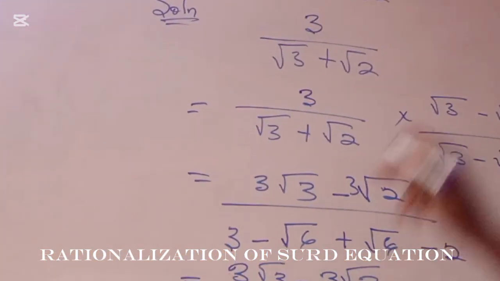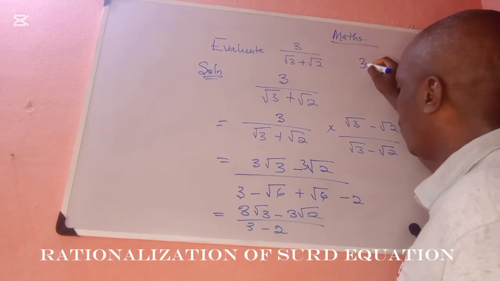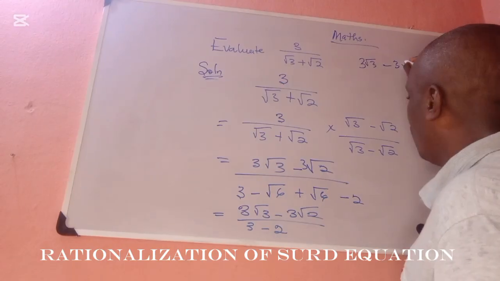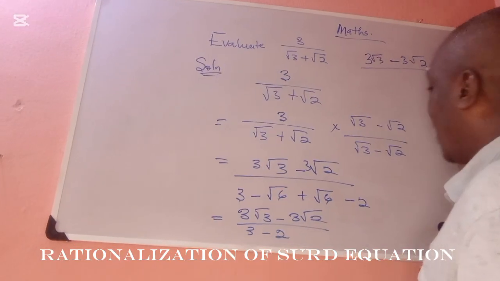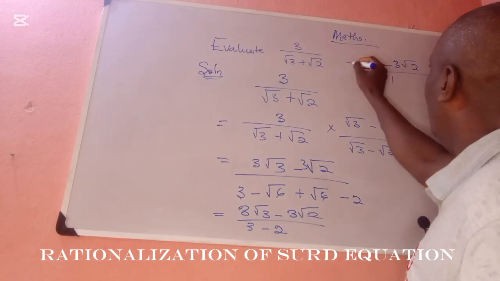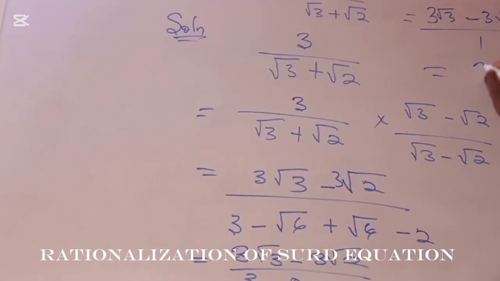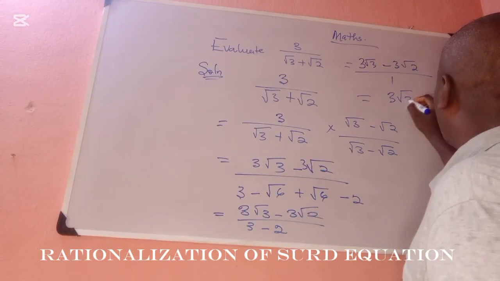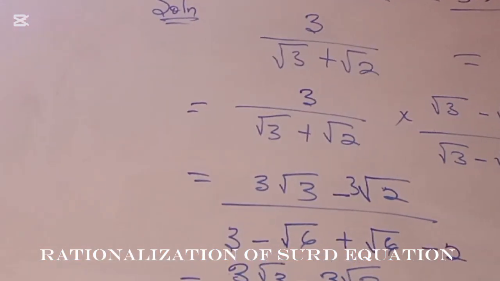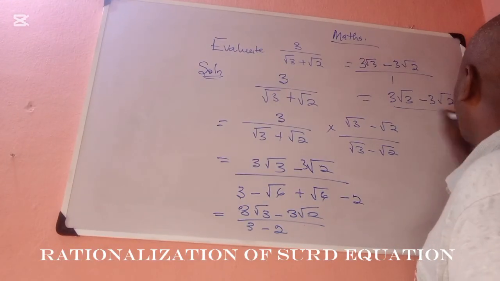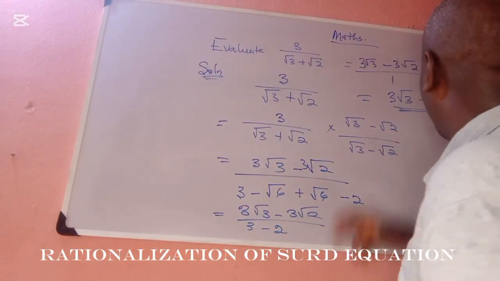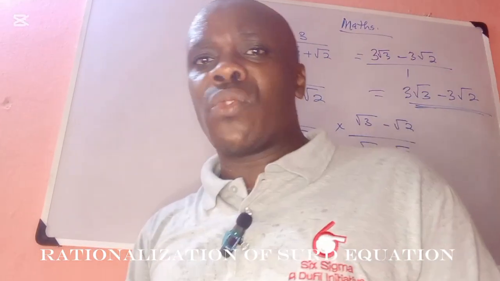So we are now having 3 root 3 minus 3 root 2 all over, and the denominator will give us 1, which equals 3 root 3 minus 3 root 2. So we end it here. This is the answer to this particular question.